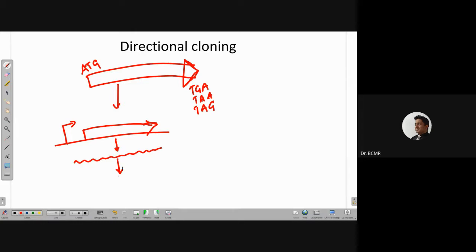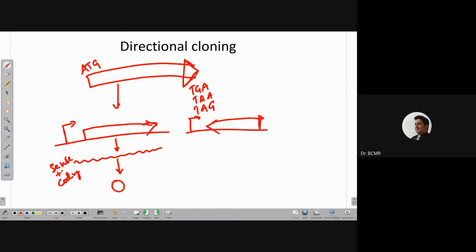From mRNA, ribosomes will make the proteins. If it is cloned in a different direction, then the transcription would have been the antisense of it. This is the sense. You call mRNA as sense. You can call it the plus strand. You can also say it is the coding strand.